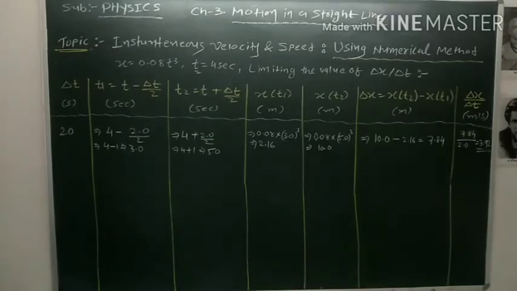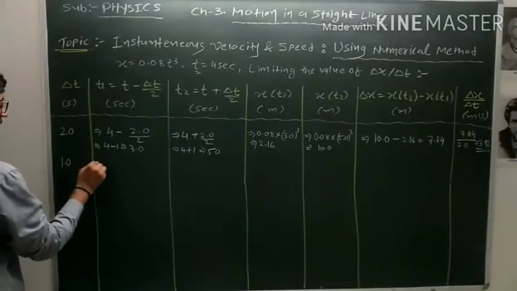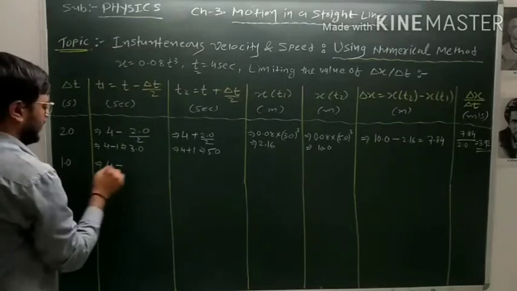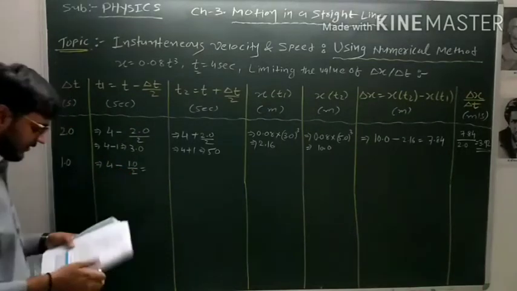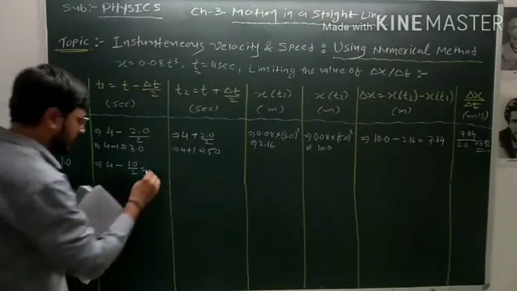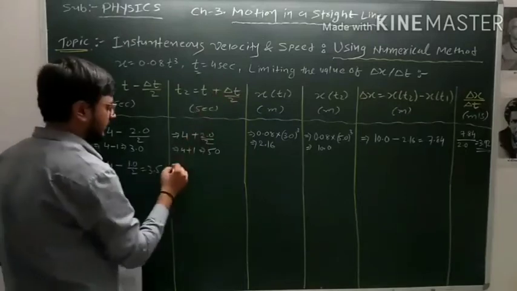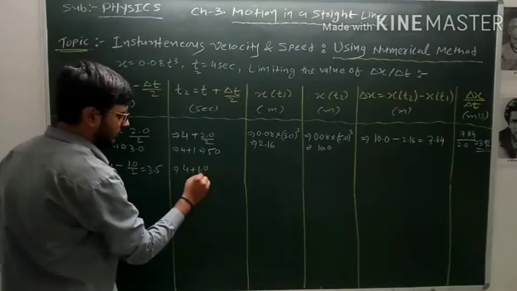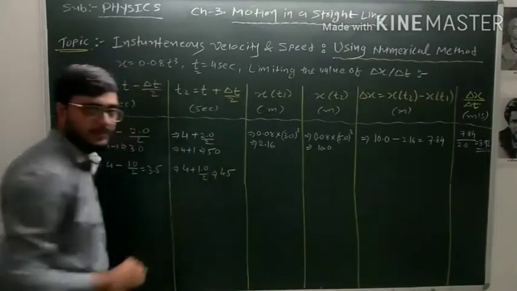This way we can calculate and find the values. Now we put delta t equals 1.0. So we get 4 minus 1.0 by 2, which is 3.5. Similarly we put the value 1.0 in this equation, so we get 4 plus 1.0 by 2, which is 4.5.